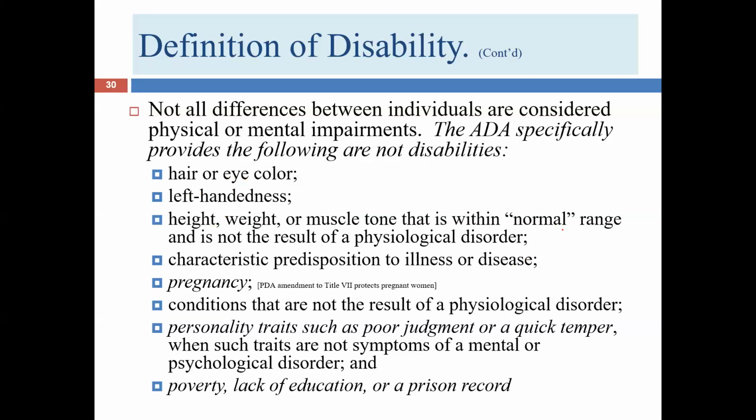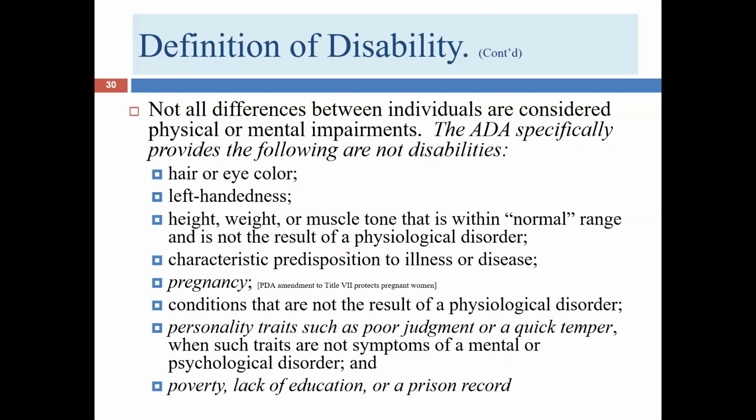Now, somebody who's very tall and somebody who's very short usually has some kind of condition. And that condition, whatever has caused the unusual height or lack of height, is probably going to be the source of the disability. Also, weight and muscle tone. Again, if it's within the normal range, even if it's somewhat near the bottom or the top of that range, it is not going to be considered a disability.